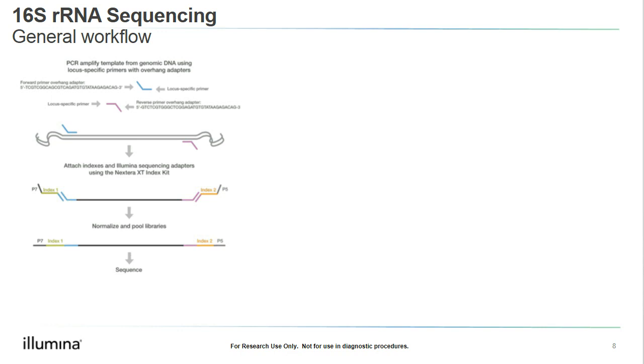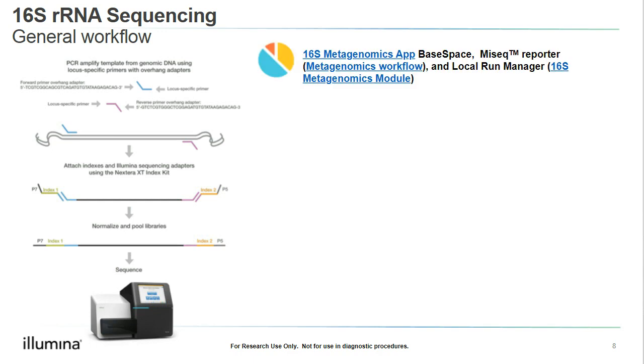Then the library pool will be sequenced on our instruments, for example, the MiSeq, iSeq, or MiniSeq. For example, for MiSeq, you can use the V3 reagent kit, 2x250 base pair. Next, the sequencing data will be analyzed using Illumina software that includes the 16S Metagenomics App on BaseSpace. That is the one we are going to talk about today for 16S ribosomal RNA sequencing.